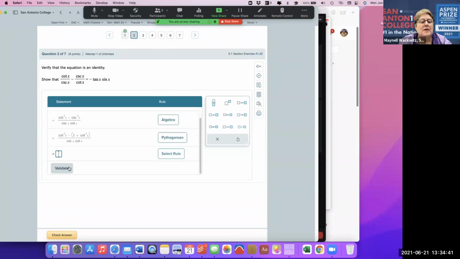Excellent. Now let's do algebra. What is the numerator now? Excellent. And the denominator is? And can we do any more with algebra?